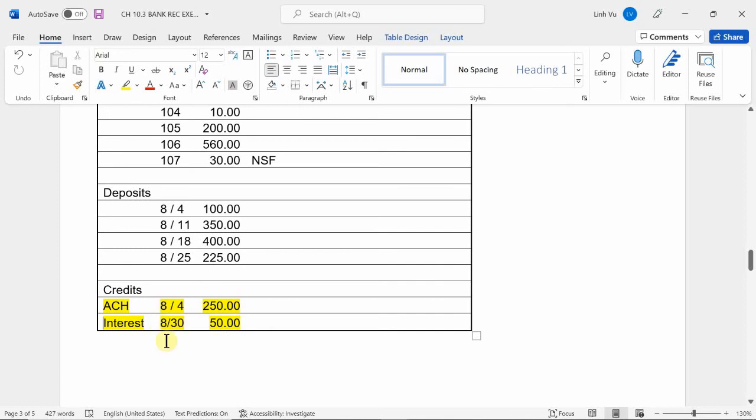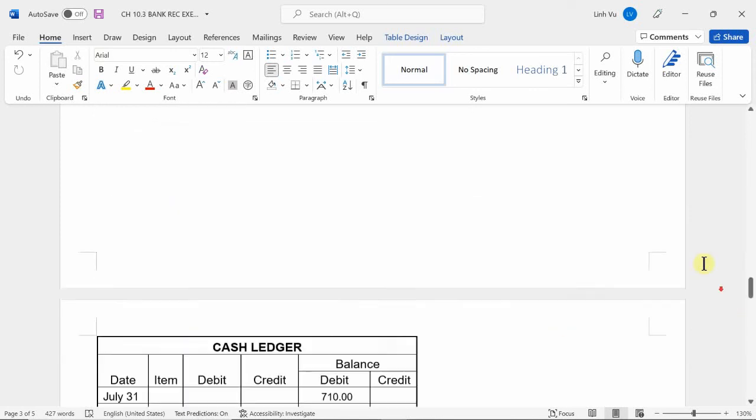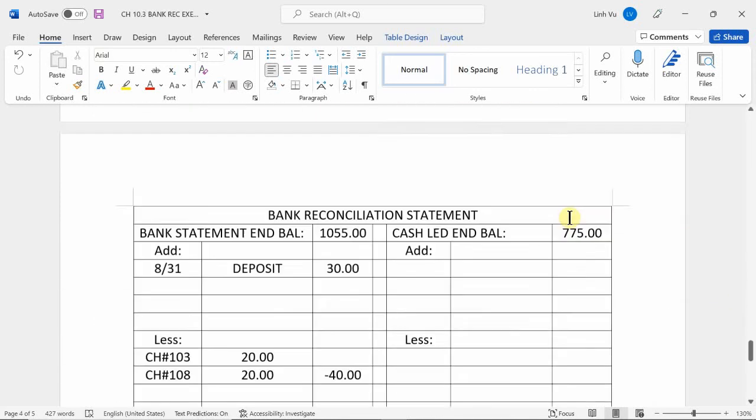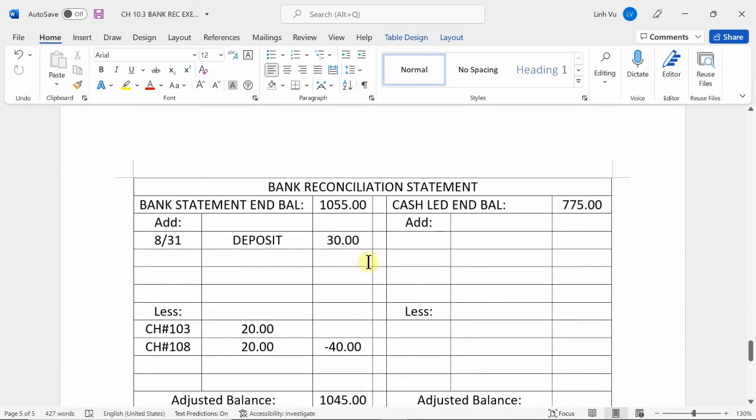So I've got to pop this information into my table here. I have auto clearinghouse for $250 and interest for $50, so a grand total of $300 that I need to add.